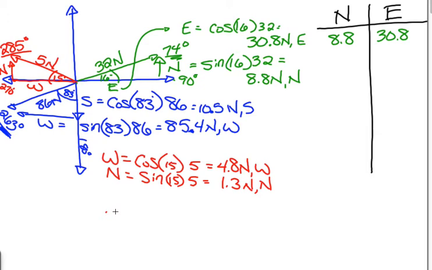How do we put it in opposite? Negative. South is just negative north. So south I'm going to stick in negative 10.5 in the north column. And west I'm going to put 85.4 as negative east. So negative 85.4.